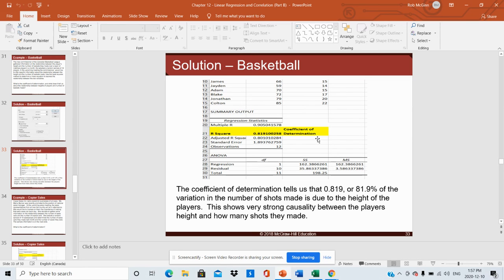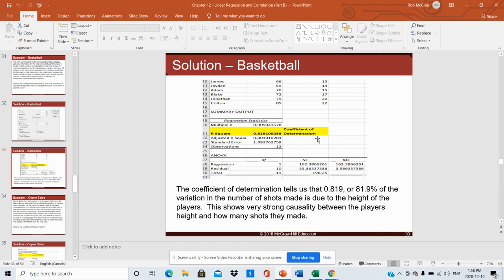And so that tells us that 81.9% of the variation in the number of shots made is due to the height of the players. So this shows very strong causality between the players' height and how many shots were made.